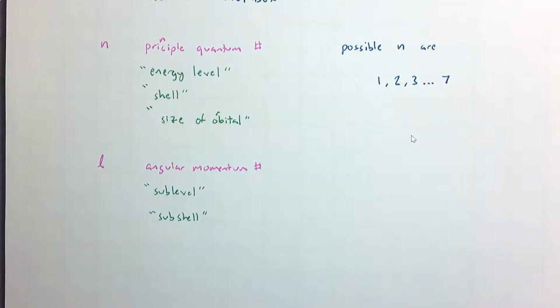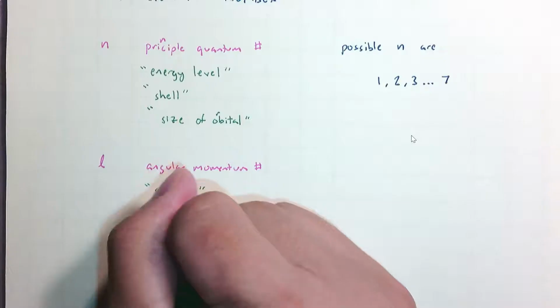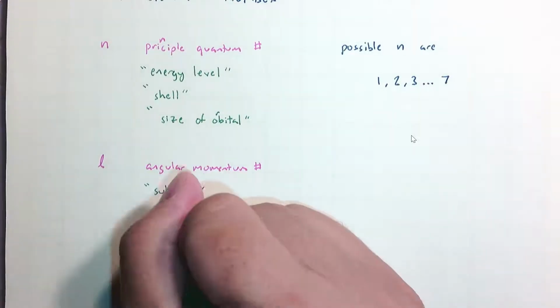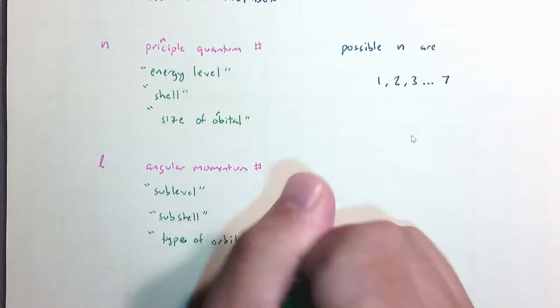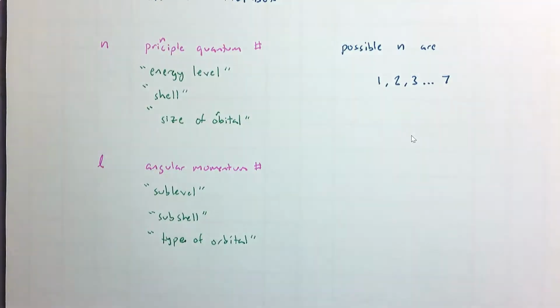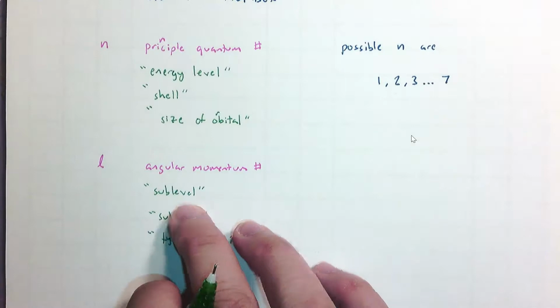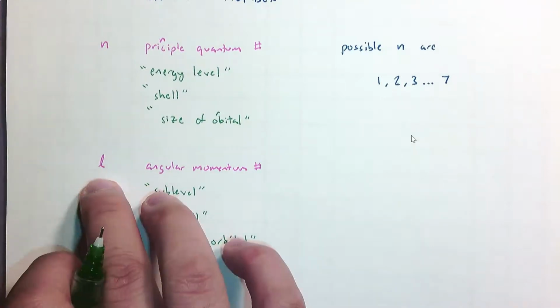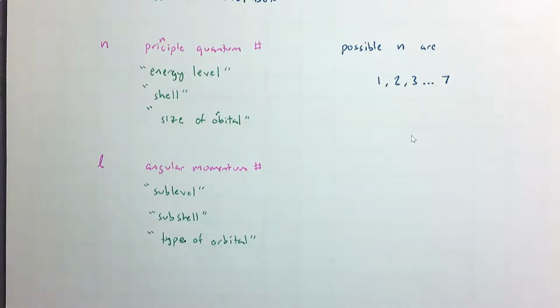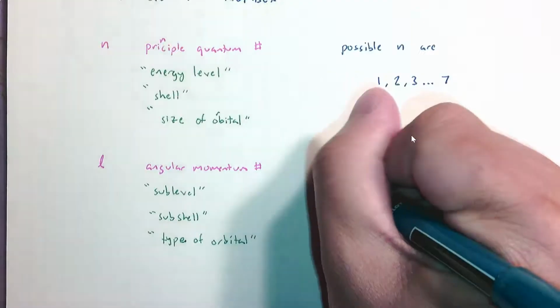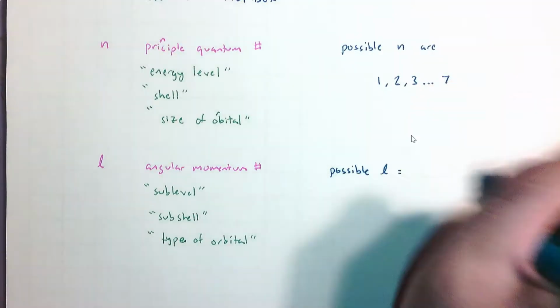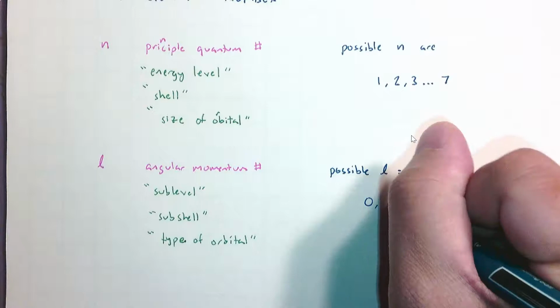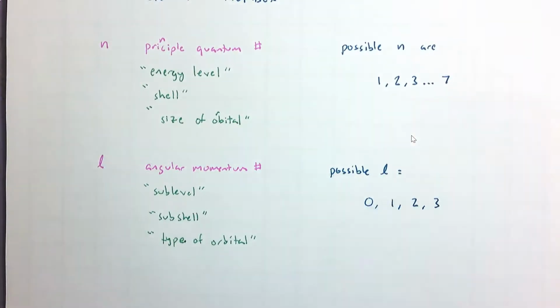But I like to think of it as the type of orbital: S, P, D, or F. Just remember that in a textbook, if they ask what a sublevel is, you are giving them the quantum number for L, or you're just stating the type of orbital, S, P, D, or F. So here are the possible L's. L can equal 0, 1, 2, or 3, and that's it.